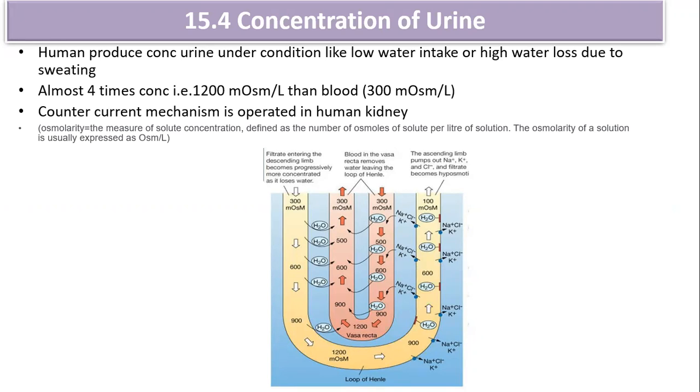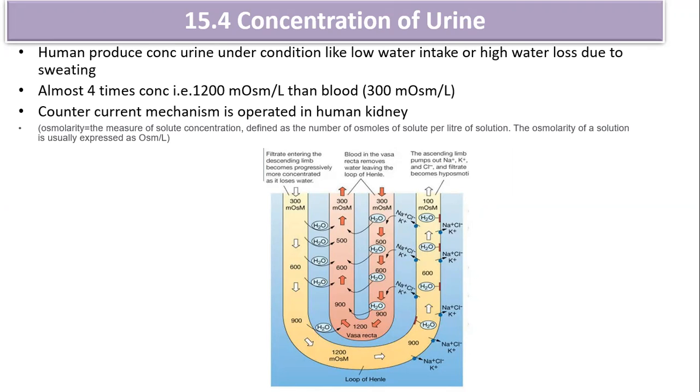You can see that the fluid in the ascending and descending limbs flows in opposite directions. Even the vasa recta has a descending limb and an ascending limb, and the blood flows in opposite directions. Counter is opposite, current is flow, so counter current mechanism.